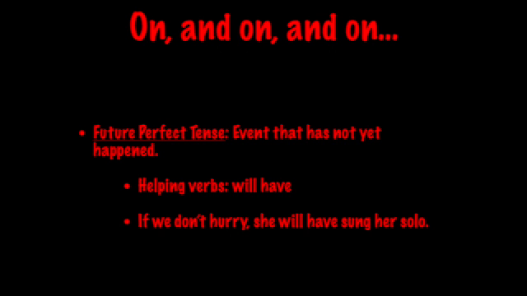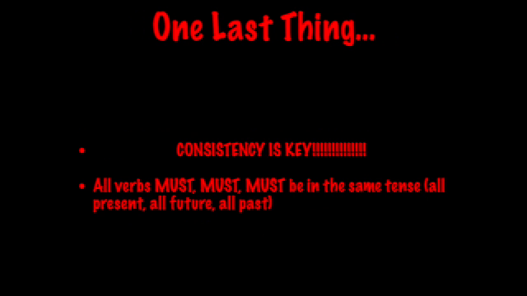So, hopefully that makes sense to you guys. I know it's difficult. I have the practice pages for you to practice on. Please wait until we're done to begin that. And as you can see, she will have sung her solo.